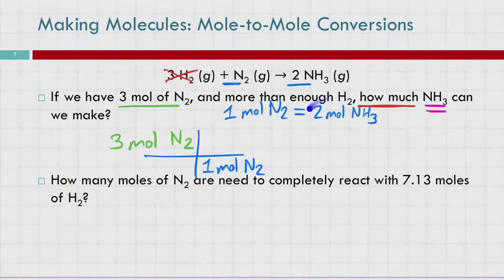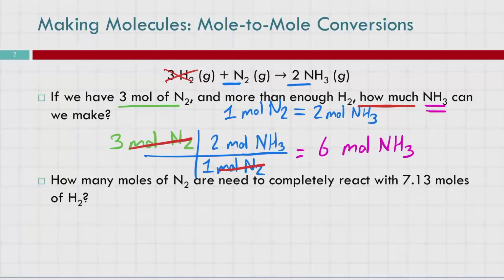And the 2 mole NH3 we're going to put on the top. So our conversion factor is 2 moles ammonia, NH3, over 1 mole N2. The moles N2 cancel. We do 3 times 2, that's 6 moles NH3.